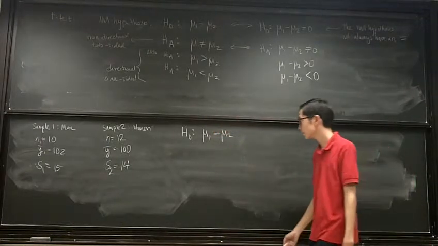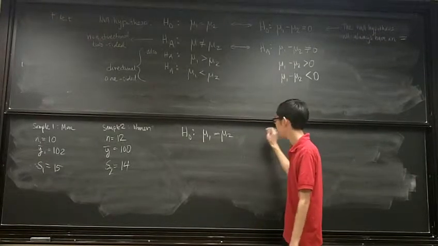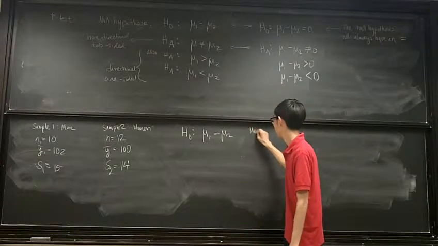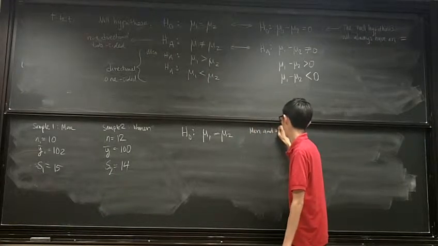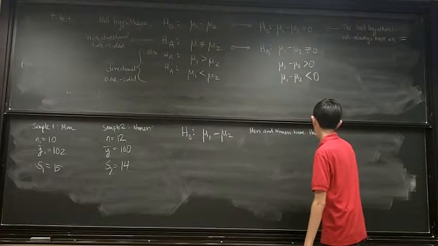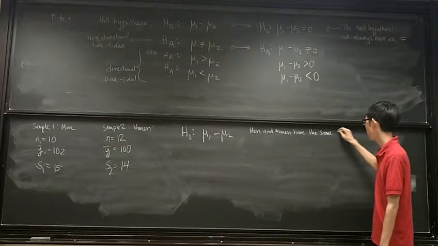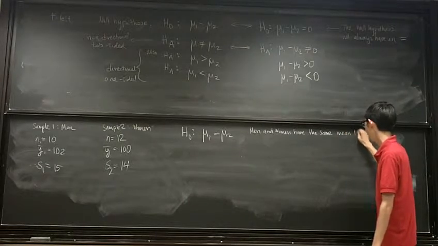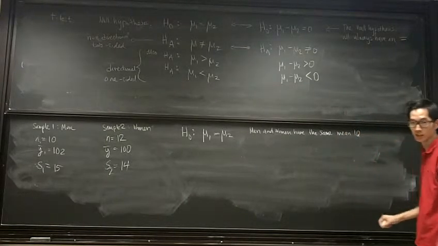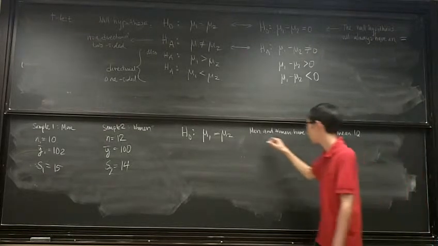And the alternative, well, forgive me for being verbose here. Or rather, not that men and women have the same IQ, but the same mean IQ, right? Any individual is not necessarily going to be the mean. So men and women have the same mean IQ.